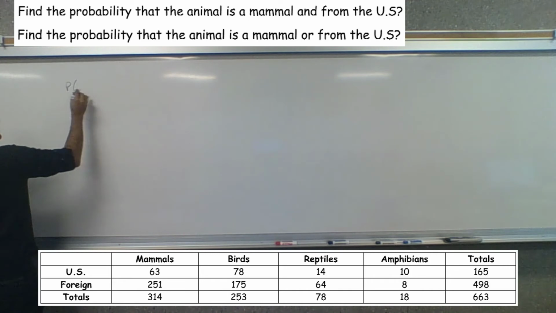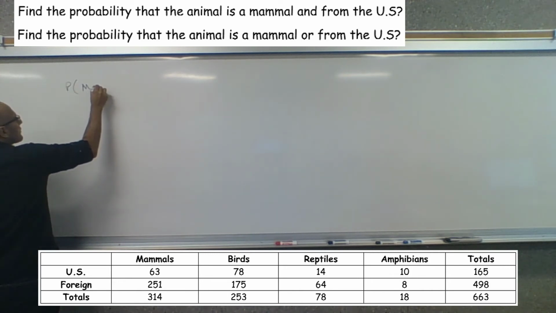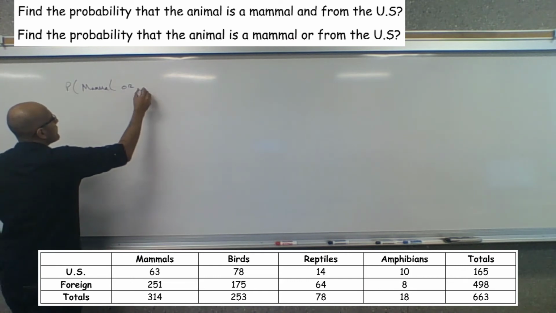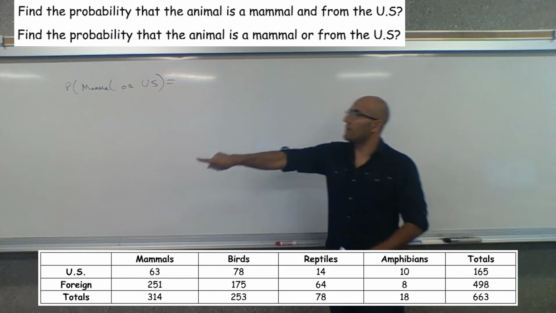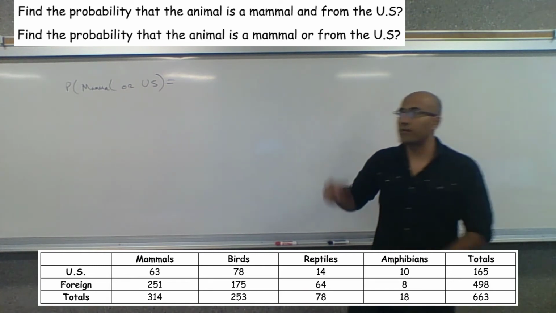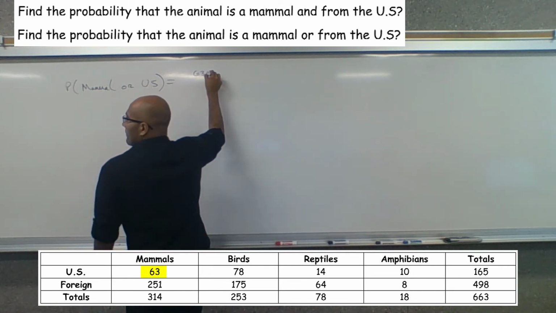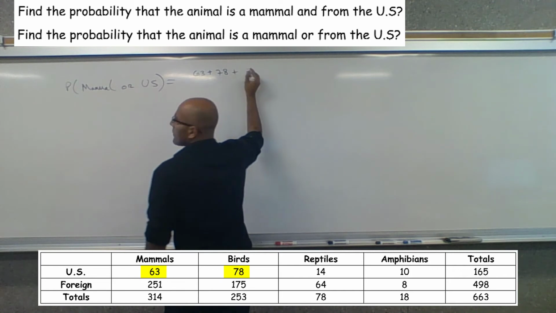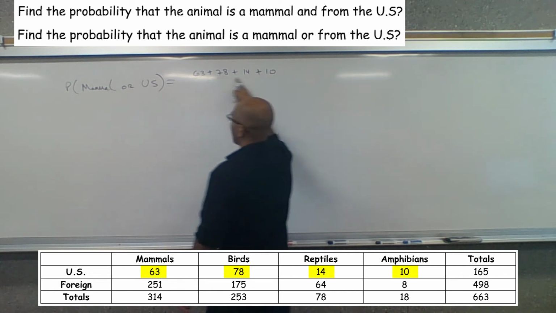So the probability that it is a mammal or from the US, just by looking at my table, I could write down all the animals that qualify under one condition or the other condition. That would be the 63 plus the 78 plus the 14 plus 10. Those are all the ones that are from the US.